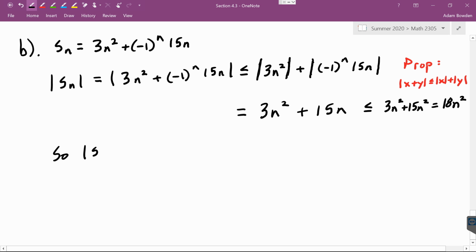So we can say that the absolute value of S of n is less than or equal to 18n squared, and S of n is big O of n squared.